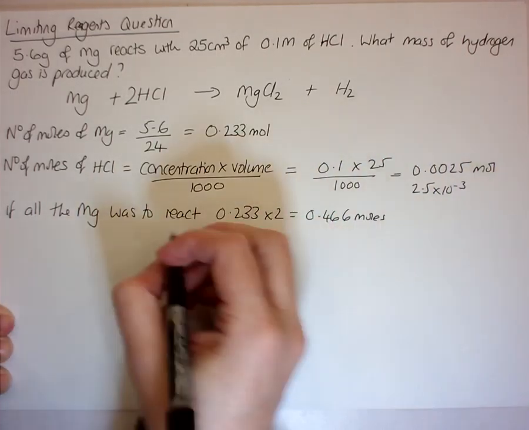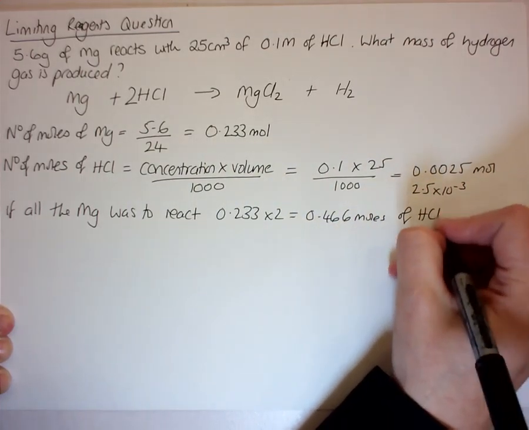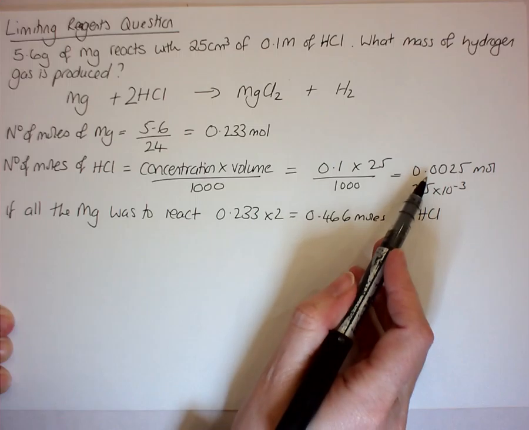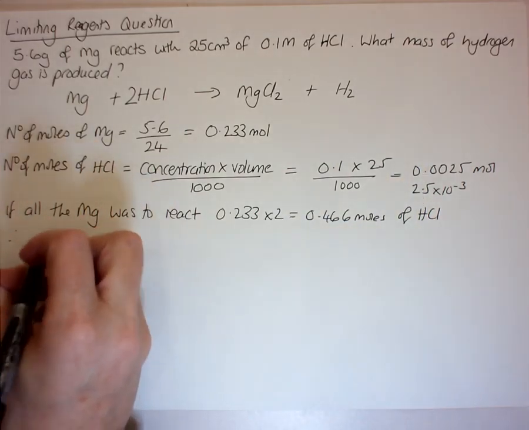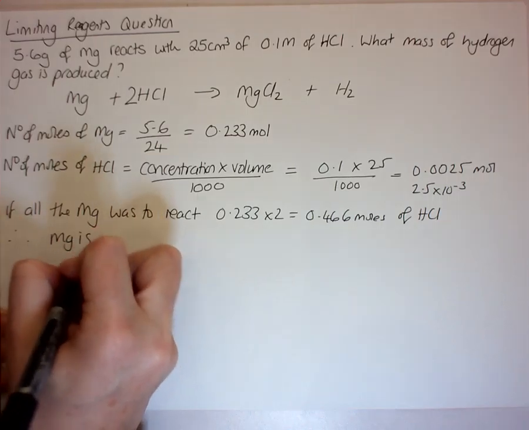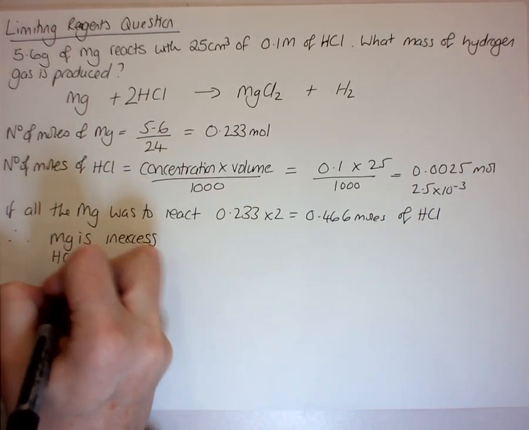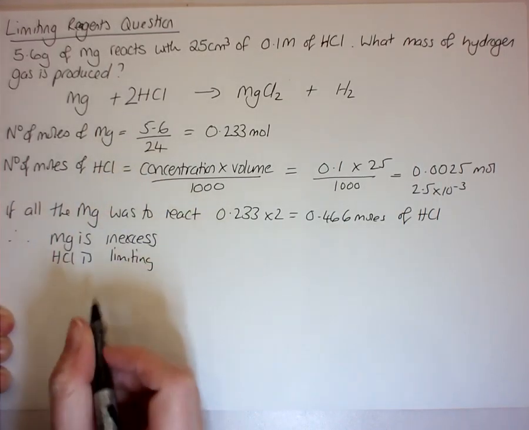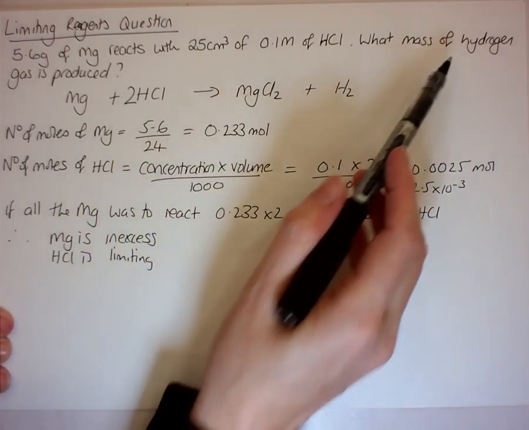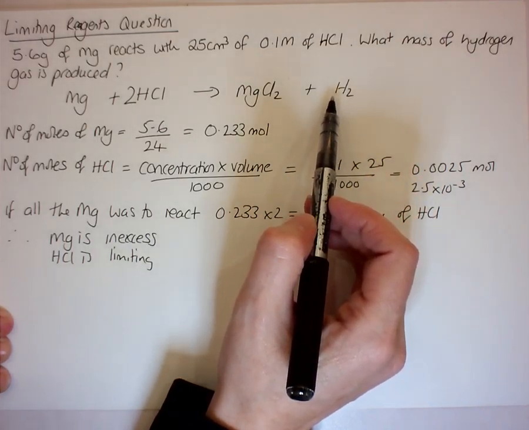I would need 0.466 moles of HCl. Do I have that? No. Therefore, magnesium is in excess, HCl is limiting.